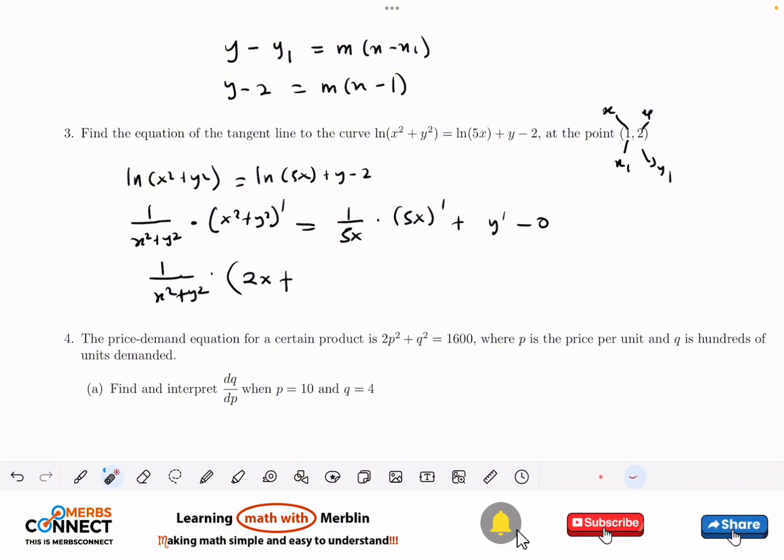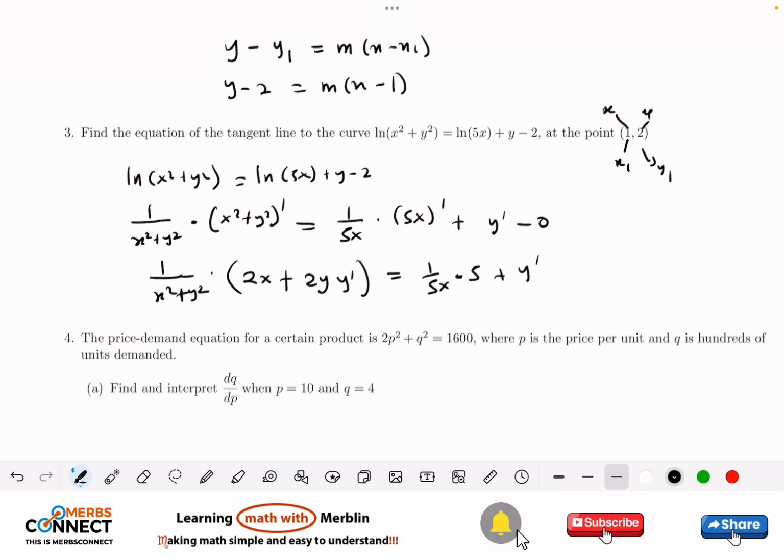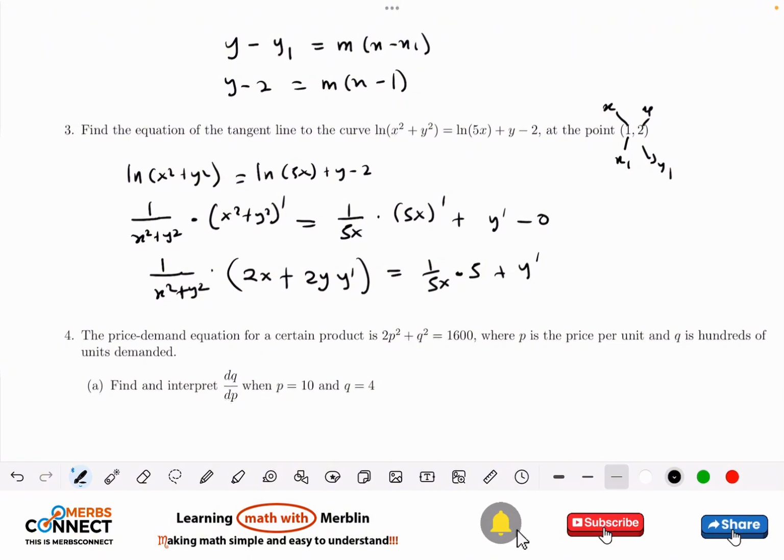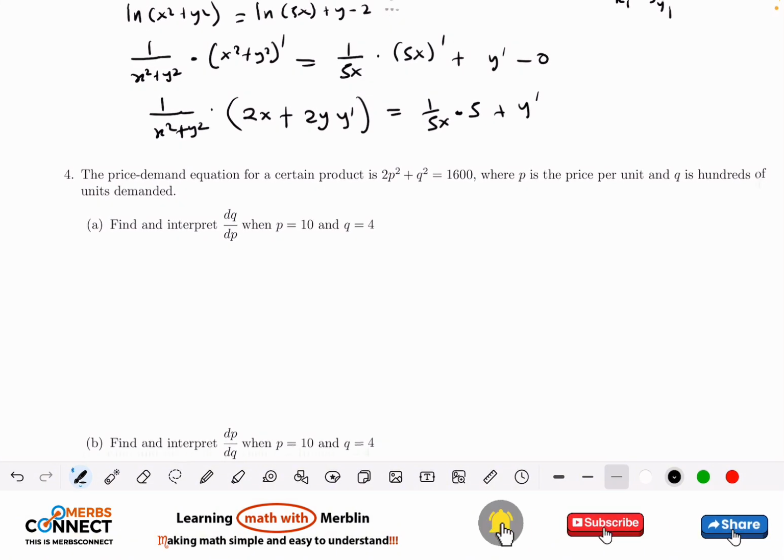Plus, when I differentiate y squared, I also need to get 2y, but I'll multiply by dy over dx, which is the same as y prime. And this one is going to be 1 over x. When I differentiate 5x, I'm going to get 5 plus y prime. Minus 0 will just be 0. Right? Let me continue from here.